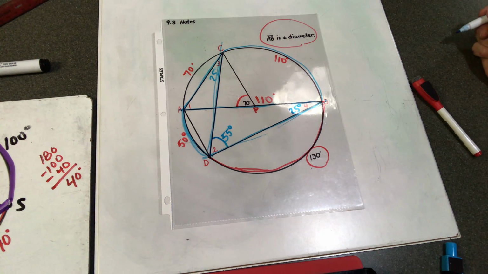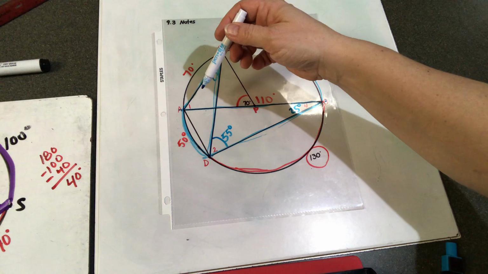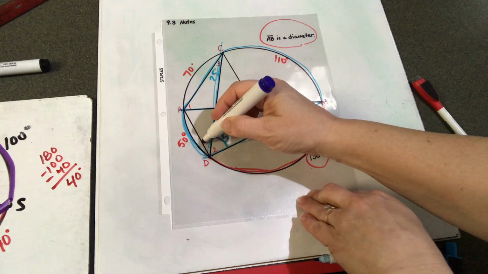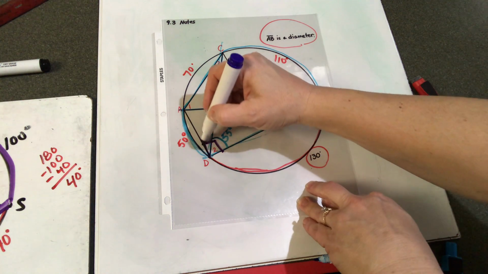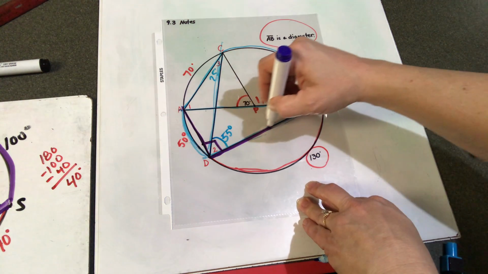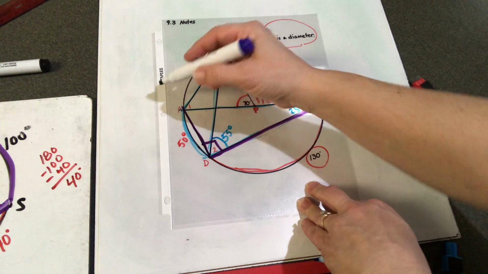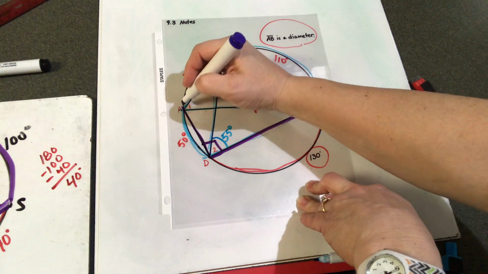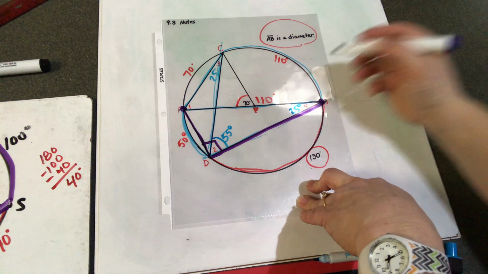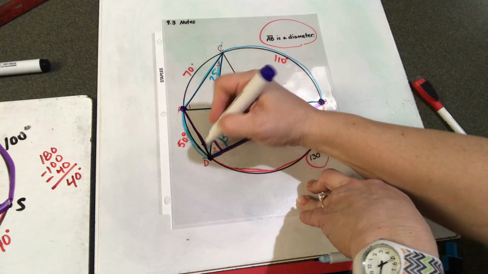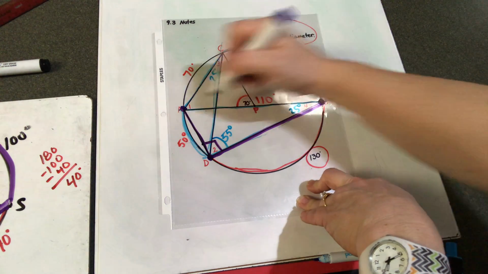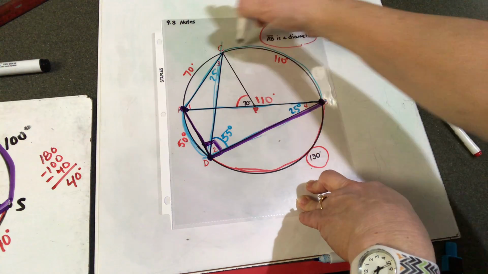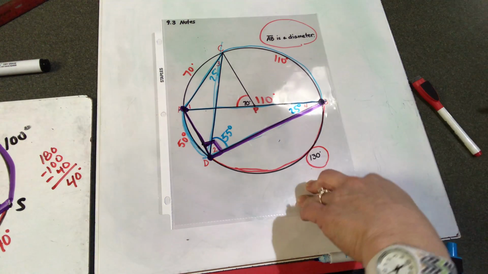Okay. And then this whole angle right here has endpoints on the diameter. If the endpoints of your angle, if the chords of your angle are on the diameter, okay, if the sides go through the endpoints of the diameter, then it's guaranteed to be 90 degrees because this would be 180, half of that would be 90.